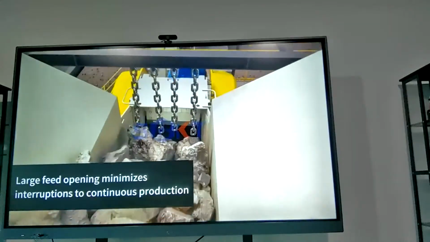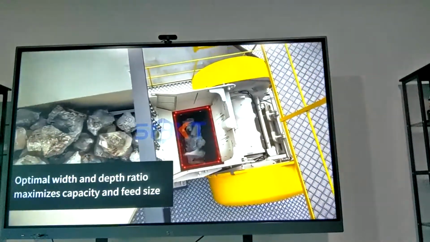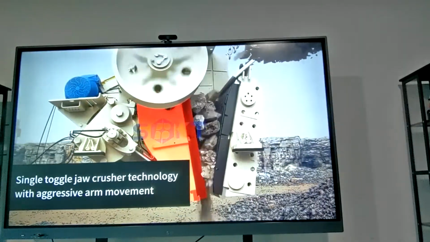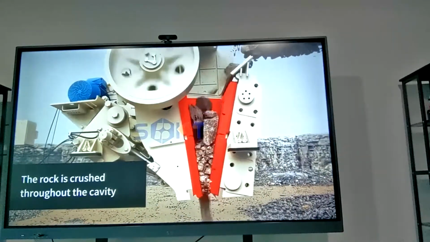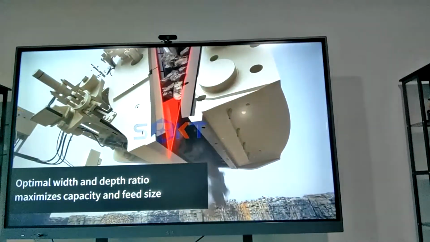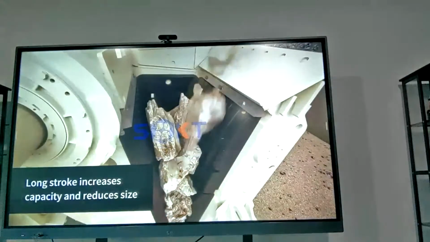The European version of the jaw crusher uses an oil lubrication system. The good fluidity and lubrication performance of the oil can lubricate and cool the key components of the equipment more efficiently.